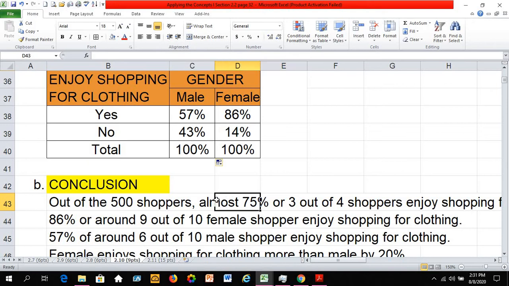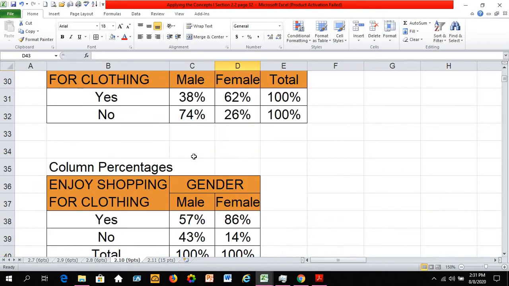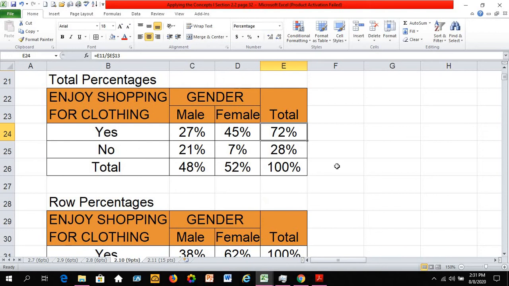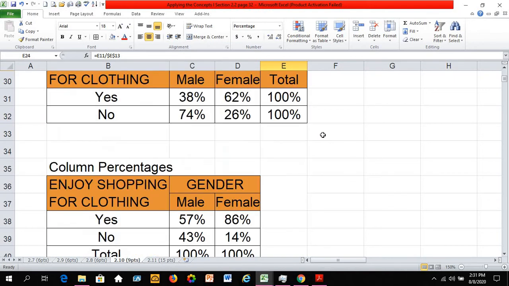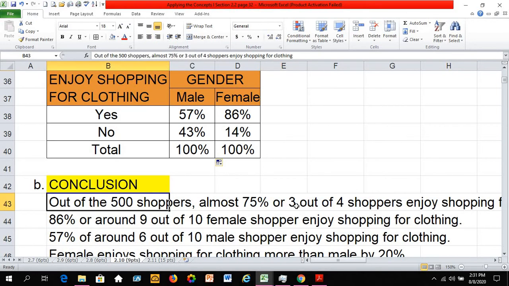Where did I take this information? Let me go to this. From this interpretation, for every 100 shoppers, 72 out of 100 will agree that they enjoy shopping for clothing. So this is almost 75%, and 75% is 3/4. Going back to my first statement, 3 out of 4 shoppers enjoy shopping.